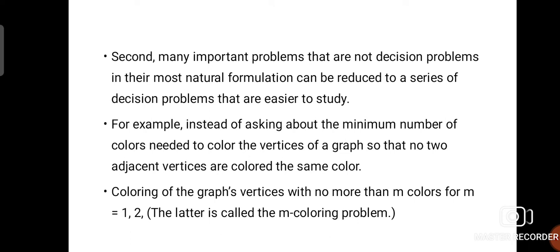For example, instead of asking about the minimum number of colors needed to color the vertices of a graph so that no two adjacent vertices are colored the same color, which is called the coloring problem, we can ask about coloring of the graph's vertices with no more than m colors for m equal to 1, 2, etc.